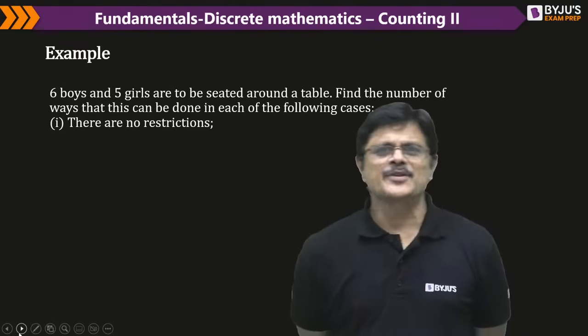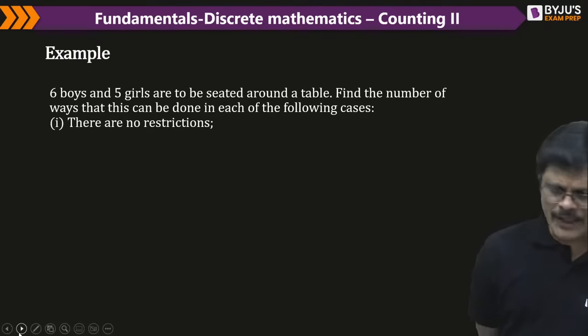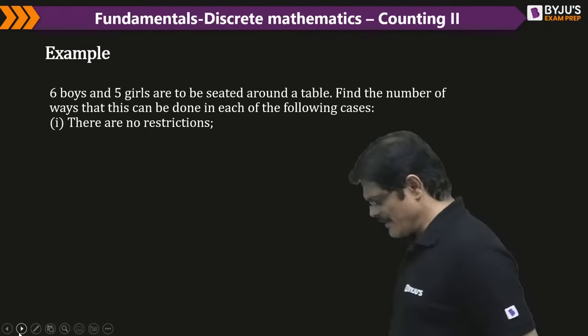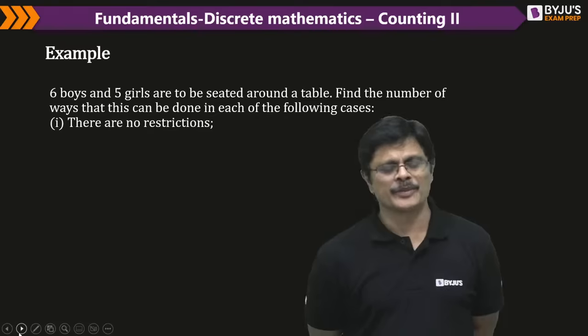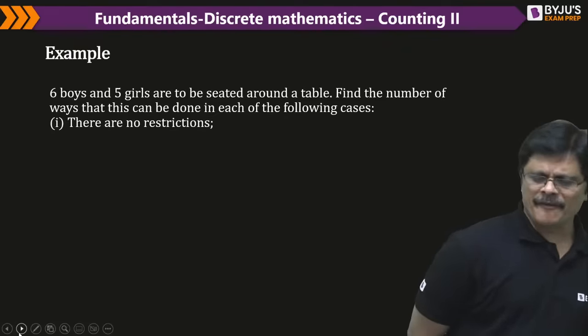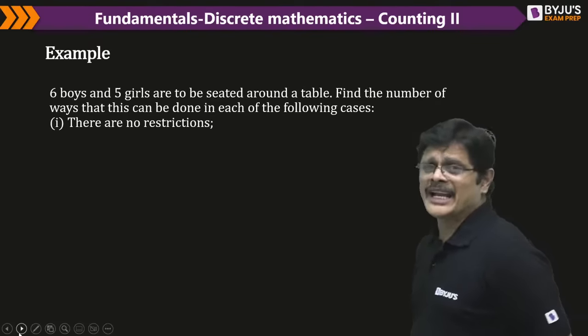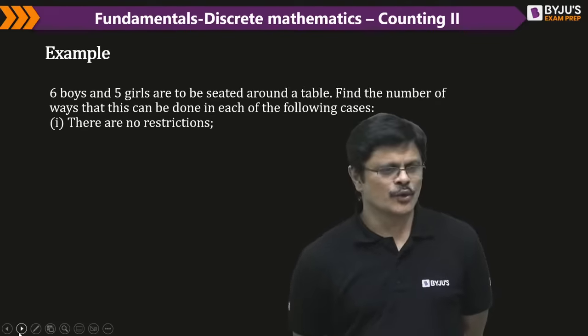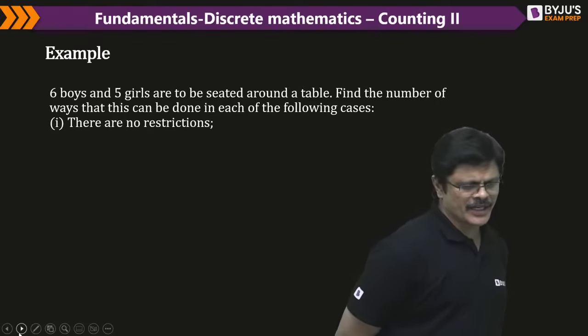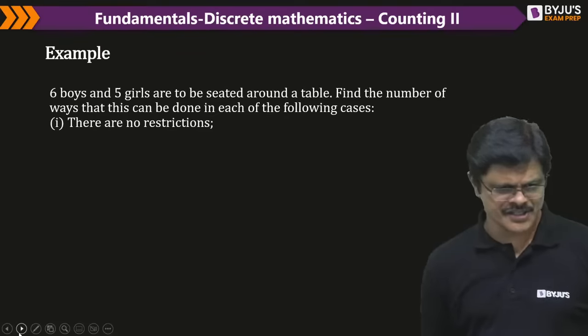Now let us see the same story for the circular situation. Of course not the same story, the story is slightly different. 6 boys and 5 girls are to be seated around a table. Find the number of ways in which it can be done without any restriction.